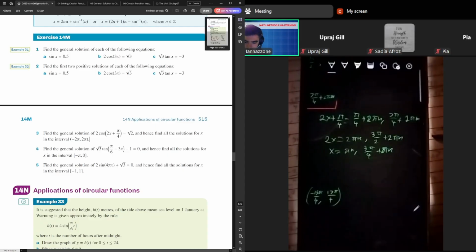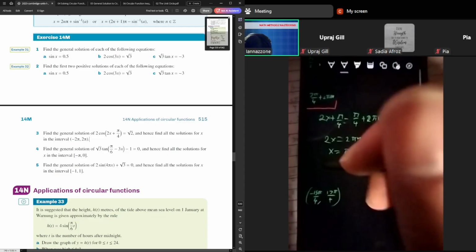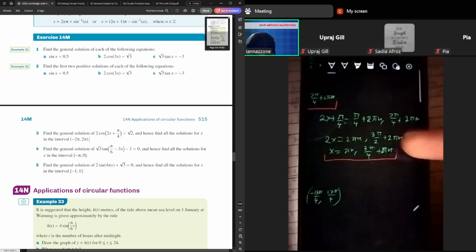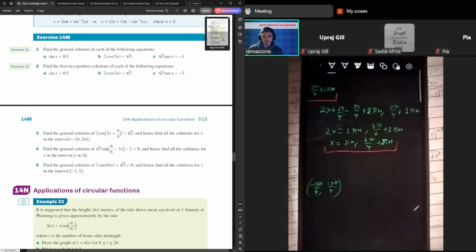Now, this gives you a general solution for potentially every value around all the iterations of the unit circle. We want to just go between negative 2 pi and 2 pi. The way you actually use this is you sub in different n values starting at 0 and then plus minus 1, plus minus 2, and you keep going until you get too far. Then you cut some off.